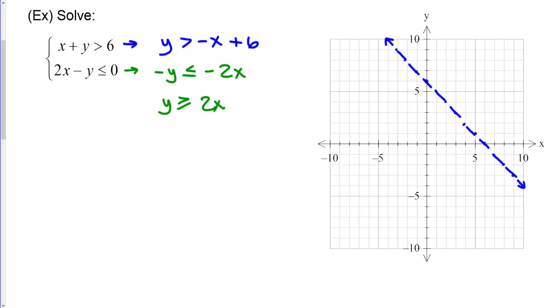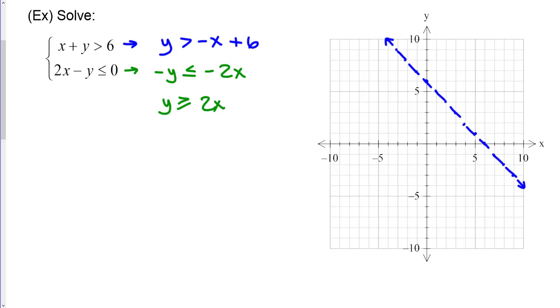Now I need to choose which side of the line is going to be a solution region and which side is not a solution region. And I'm only going to shade the solution region. So y is greater than negative x plus 6.